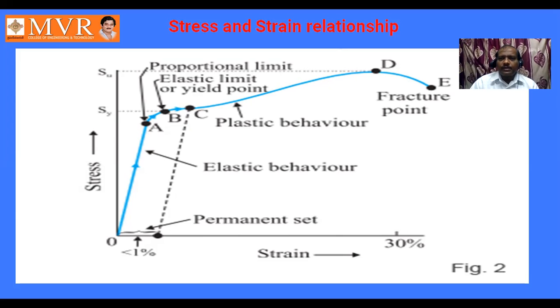Next, compare D and E. After D also, if you apply the load, the material is going to fracture. If you observe point E clearly, the curve is decreasing. That means stress is low, still the metal is going to fail. Here I have to explain 2 points. One is ductile material, the second is brittle material.